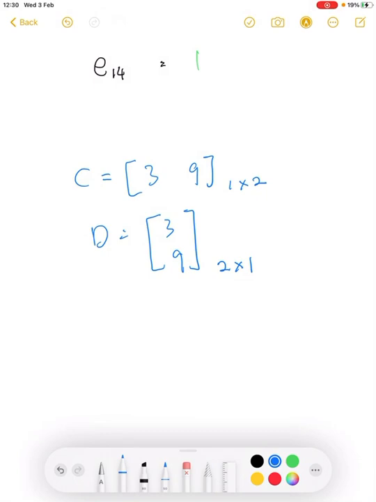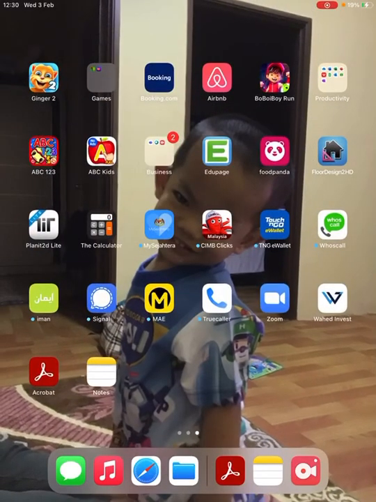Usually we write the order of the matrix at the right bottom corner, so 1 by 2, 2 by 1. So here it shows that these two matrices are not equal. C does not equal D.